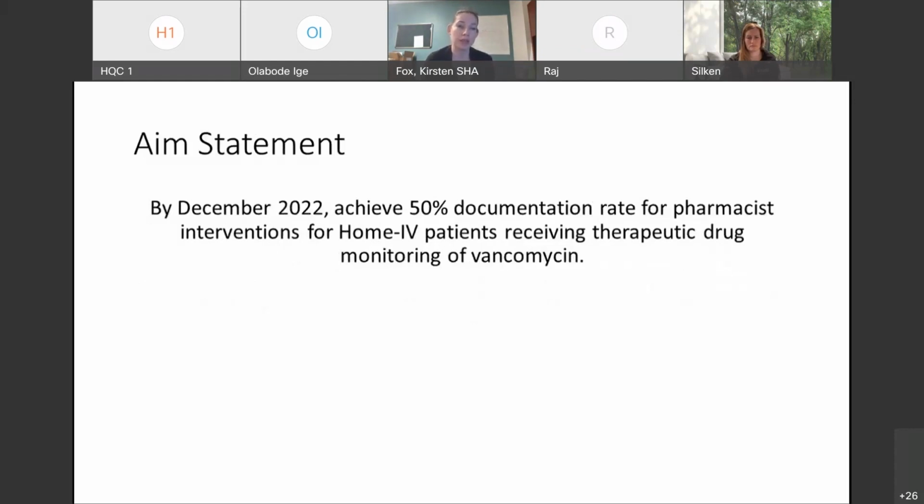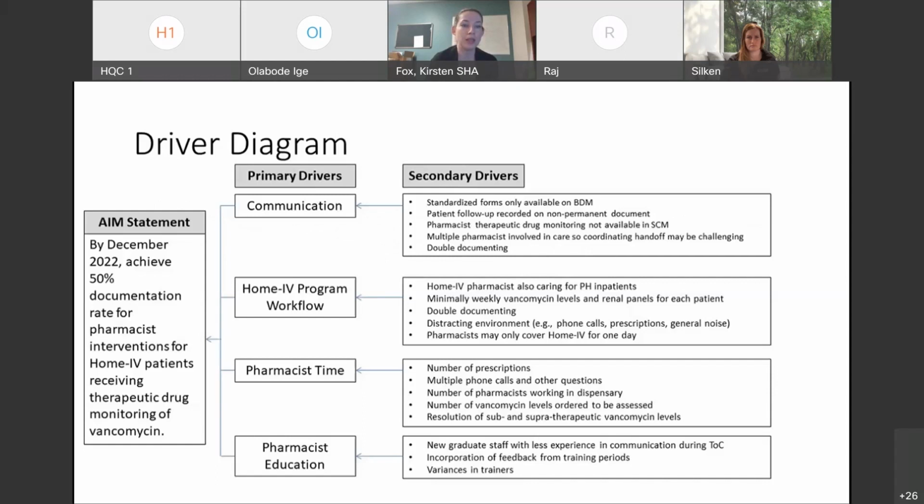So to help improve this transition of care process and reduce adverse effects that may occur, by December 22, the AIM statement is to achieve 50% documentation rate for pharmacist interventions when they're completing therapeutic drug monitoring for patients receiving vancomycin.